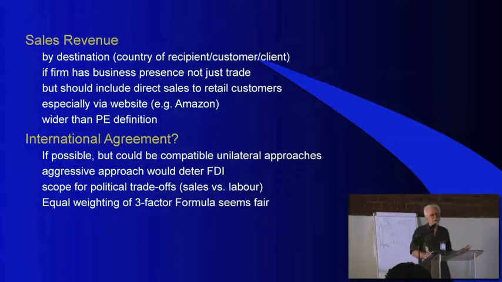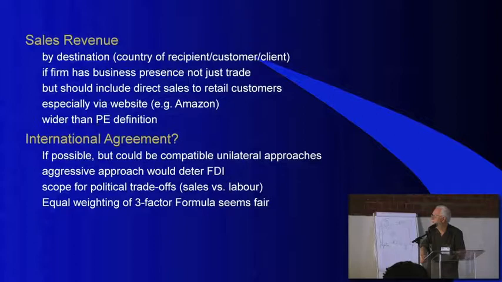Now, obviously, the main challenge is, could you reach agreement on this? And certainly the objection has been, but it goes back to the 1930s. It was very difficult to reach international agreement. Firstly, it should be noticed that you don't have to have worldwide agreement. Certainly in the United States, the states have only had loose coordination.